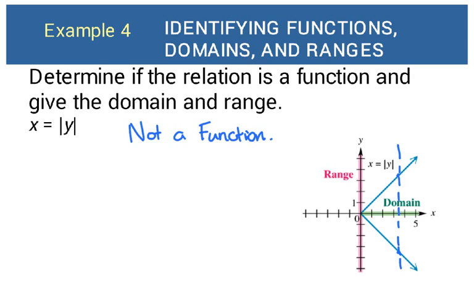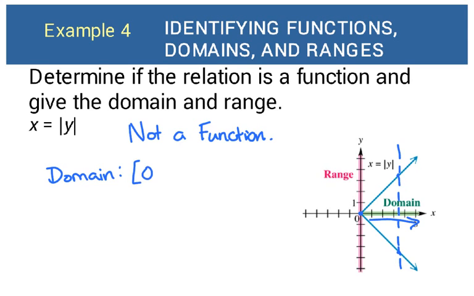But we can still determine the domain and the range of this relation. The domain, all of the x values. So the x values here begin at the vertex at 0 and go on forever in the positive x direction.